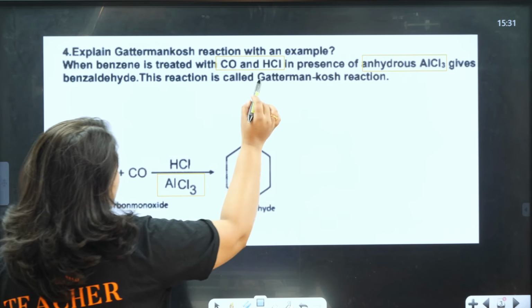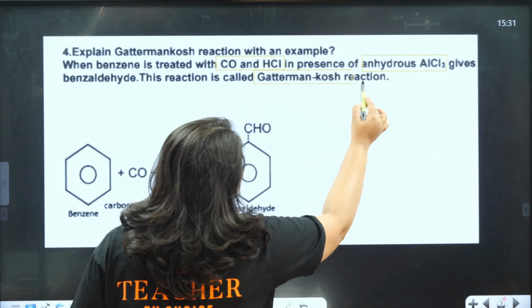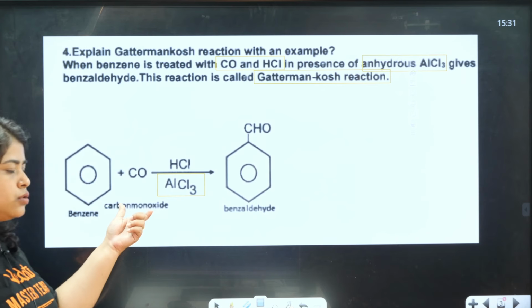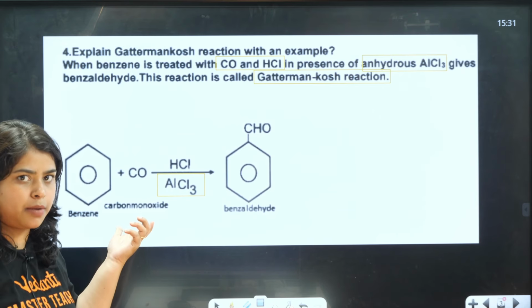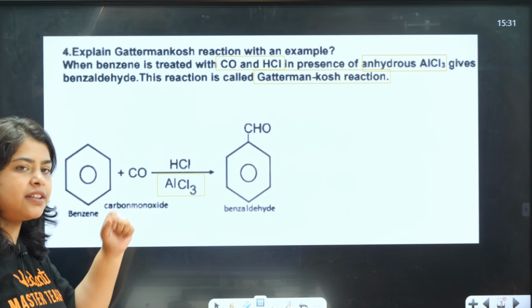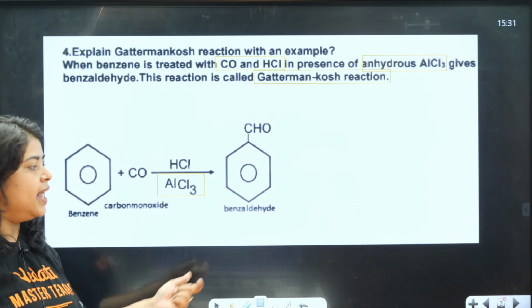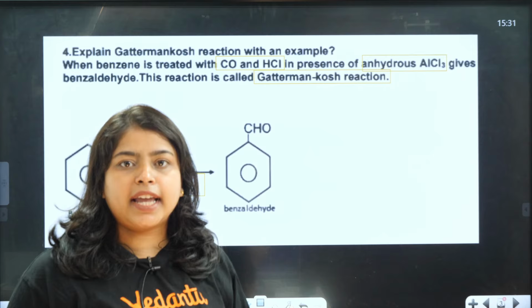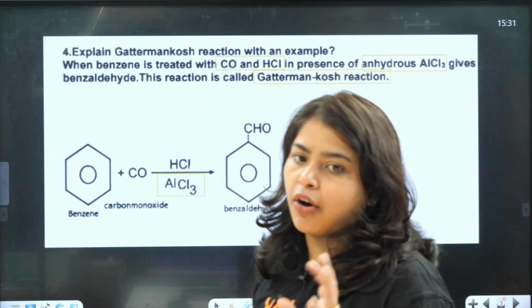This reaction is actually called what? Gattermann-Koch reaction. Clear? Benzene with carbon monoxide, CO, in the presence of anhydrous AlCl3 and HCl gives benzaldehyde as the product. So this is called Gattermann-Koch.